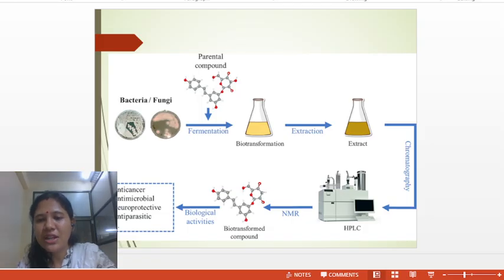Then we extract the biotransformed product, and finally we analyze it through chromatography, then NMR study, and find a biotransformed product or compound which will have different biological activities like anti-cancer, antimicrobial, neuroprotective, or anti-parasitic activities. It can be any activities, but here I just presented specific ones, and there can be many other activities also.